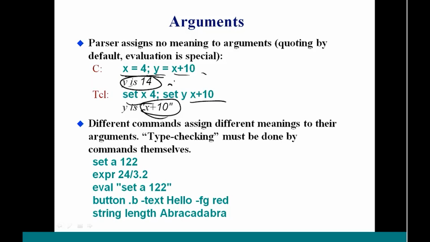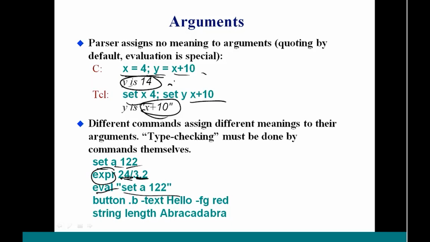So here we have a set of commands. First one, set A 112. Then we have another command called expr, which actually evaluates an expression, and we can see that there is a fixed point number and a floating point number. So now how does this get interpreted? The third one is an eval.